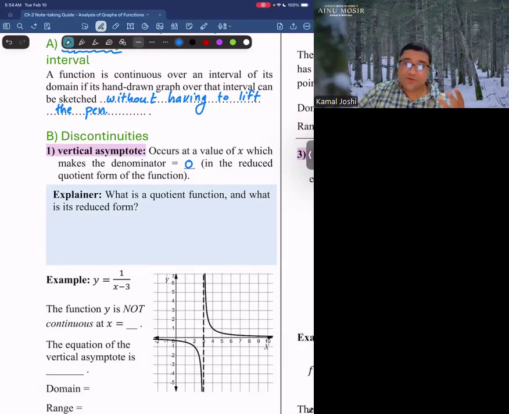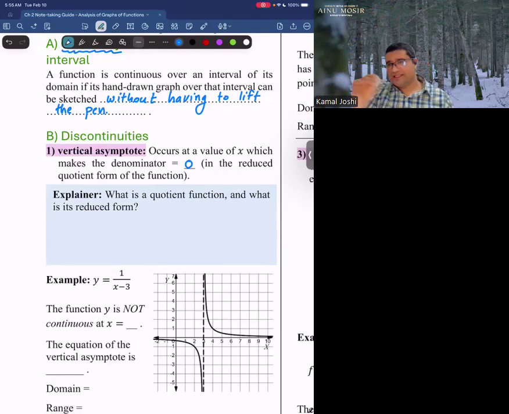Now, if the graph is going to infinity, obviously there is a discontinuity, because you cannot draw until infinity, right? The definition is we should be able to sketch it without lifting the hand. Now, if it goes to infinity, either down to negative infinity or up to plus infinity, we have to stop, like, physically we have to leave it at some point, and then assume that it goes to infinity after that.